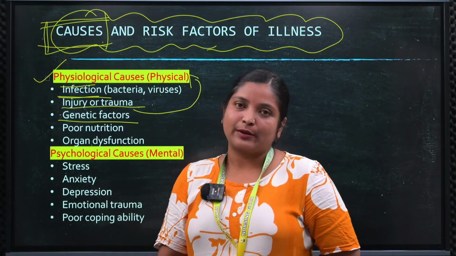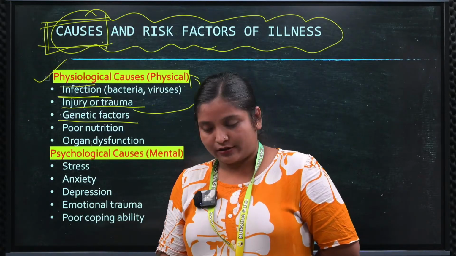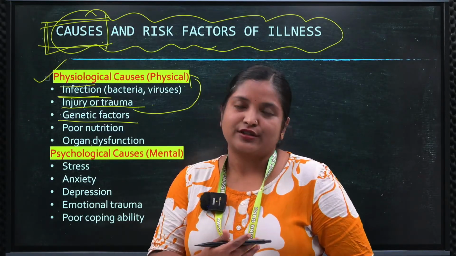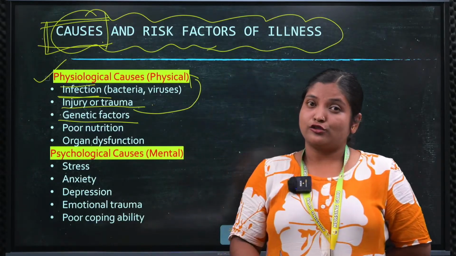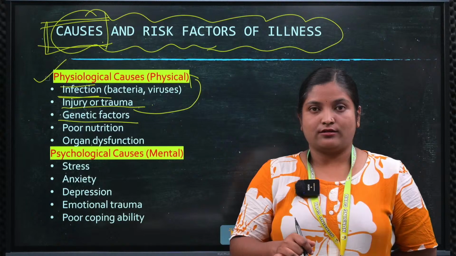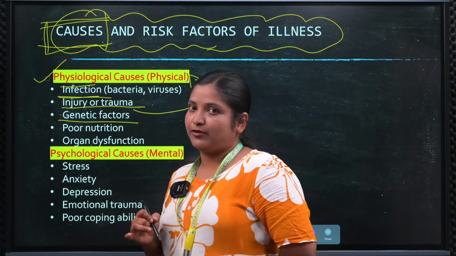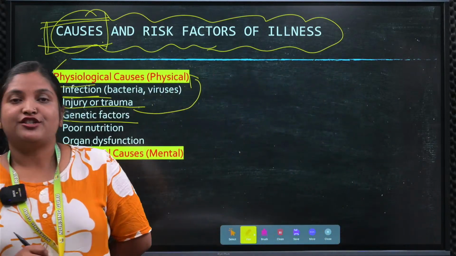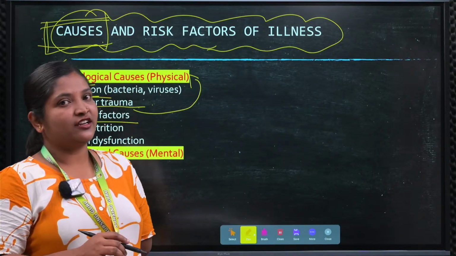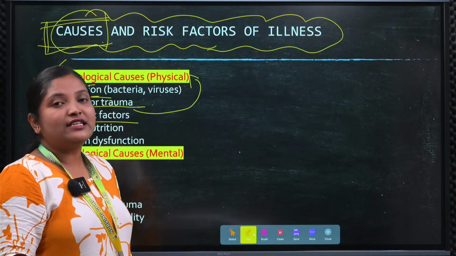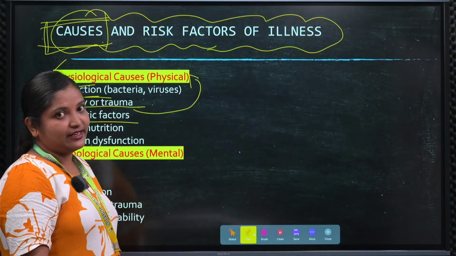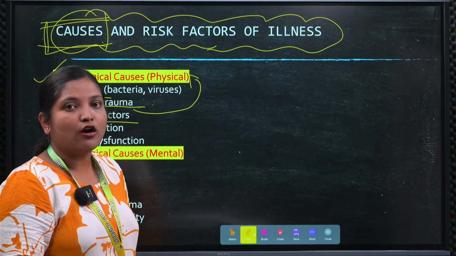A lot of people we see in our surroundings, in society, get this due to genes. I am giving an example. So genetic or inheritance is also one of the factors which may be a reason for illness which affects your body.